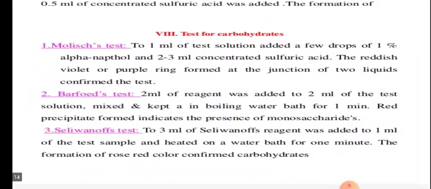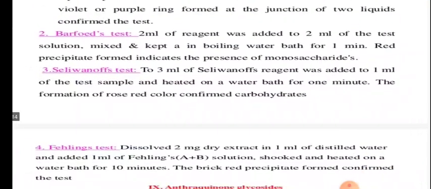Then the test for carbohydrates, the common Molisch test: a few drops of 1% alpha naphthol and 2 to 3% H2SO4 give a reddish violet precipitate. Then Barfoed's test: 2 ml test reagent and 2 ml test solution kept boiling in a water bath for 1 minute, and a red precipitate is formed.